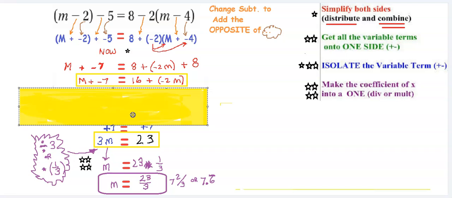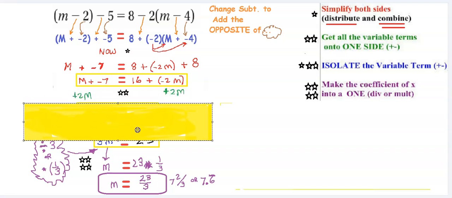Second step, with 2 stars: get all the variables on one side. We have m on the left, we have negative 2m on the right. By adding 2m to both sides, not moving anything, adding 2m to both sides, I can get rid of the negative 2m on the right.